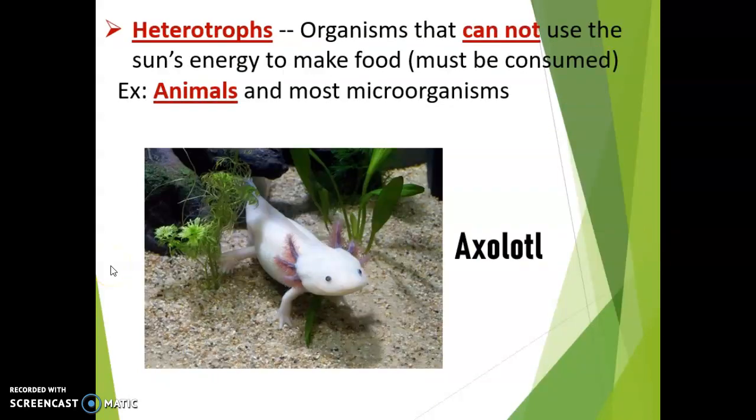Heterotrophs, like us, we need to actually consume food. So we need to consume those producers or other consumers to gain our energy. We cannot use sunlight to obtain energy in that form. So heterotrophs, we must consume food to gain our energy.